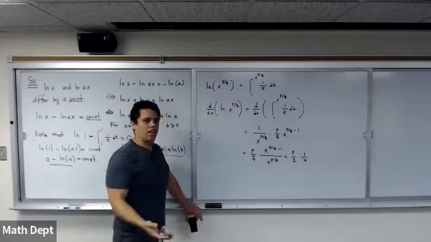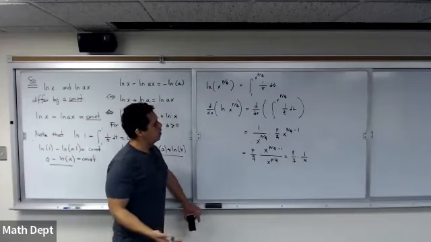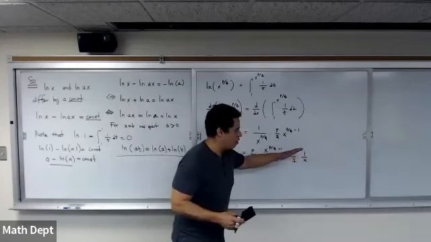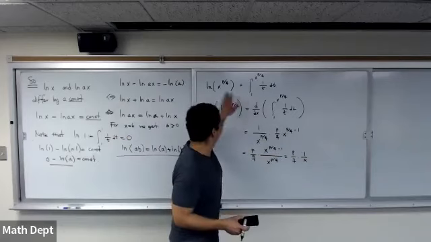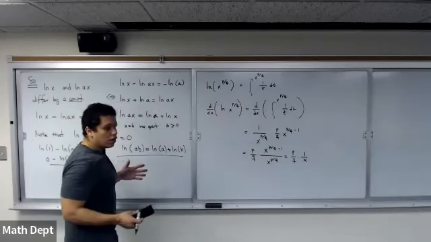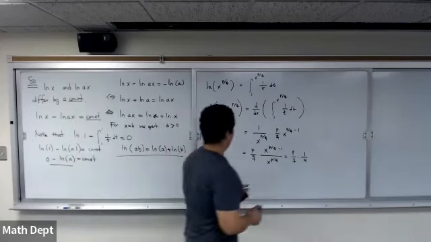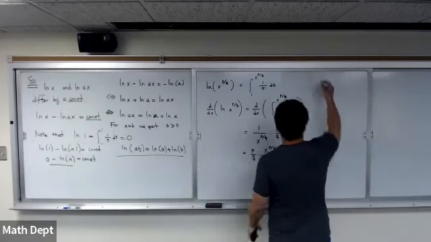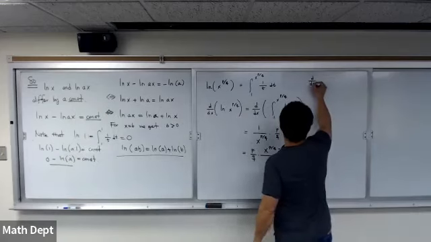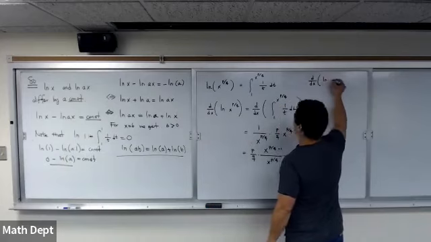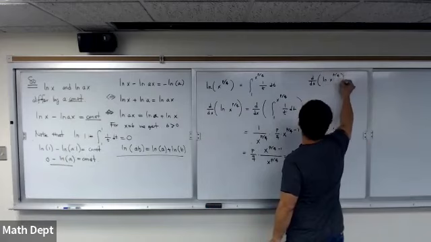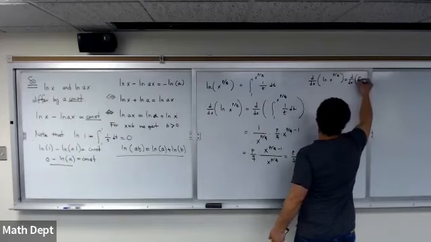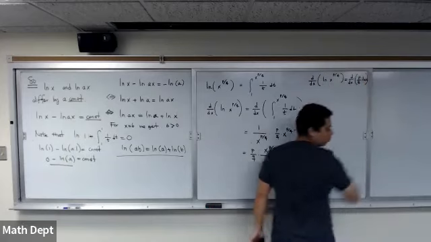So what is this saying? Well, it's not exactly the same as the antiderivative, I mean, as a derivative of the function ln of x, but it's pretty similar. It differs by a constant factor. So look, what this is saying is that the derivative with respect to x of ln of x to the p over q is the same as the derivative with respect to x of the function p over q times ln of x.